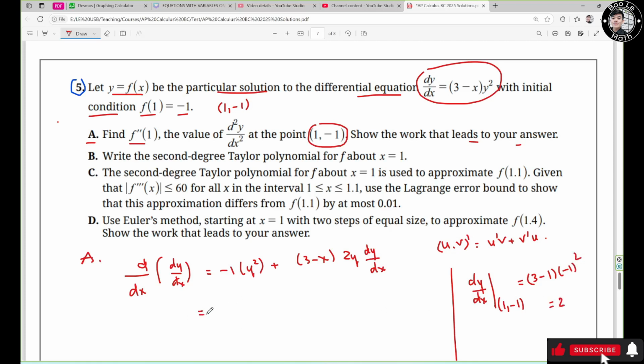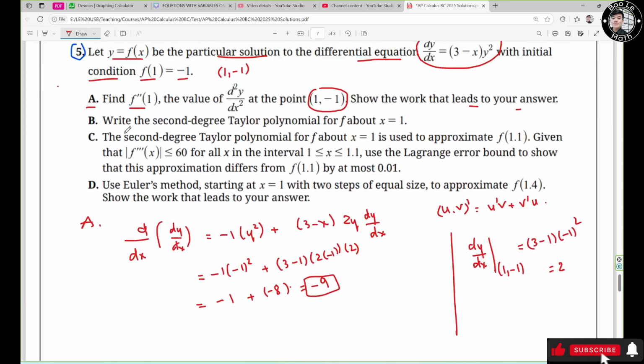So we have -1 times y squared, which means (-1) squared, plus (3 minus 1) times 2y, which means 2 times -1, times dy/ds, which is 2. Simplify: -1 plus 4 times -2, which is -8. So the answer is -9.